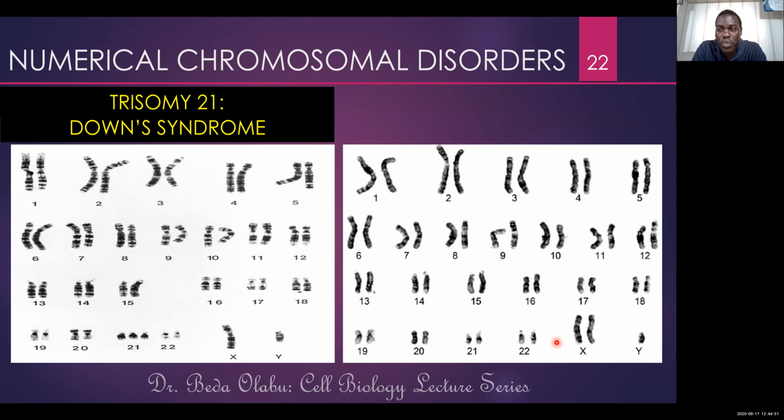Is it trisomy 23 because there are 3 X chromosomes? That's one option. Or there are 2 X chromosomes and 1 Y, like we have here, that's second option. Or there is 1 X and 2 Y, that's third option. Or there are 3 Y chromosomes, if possible, fourth option.